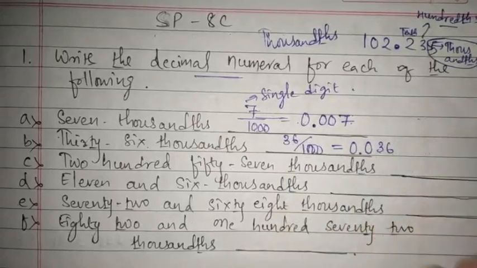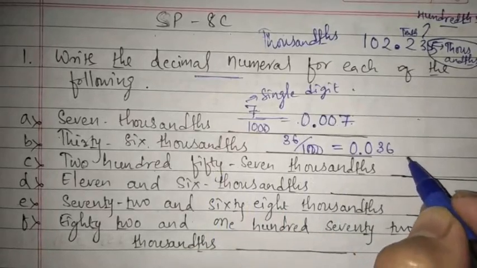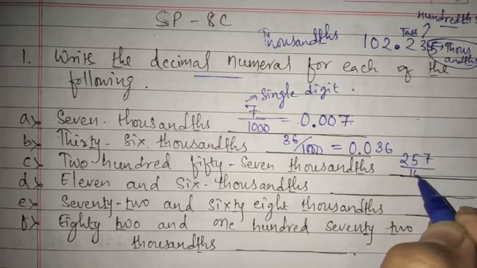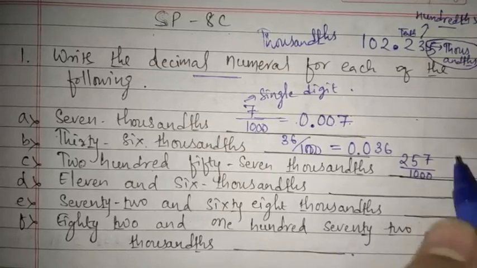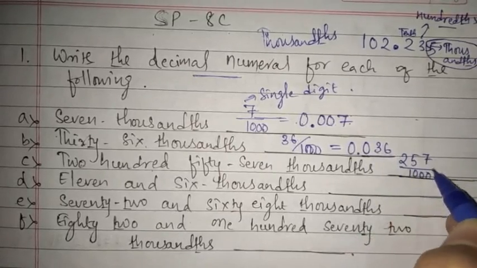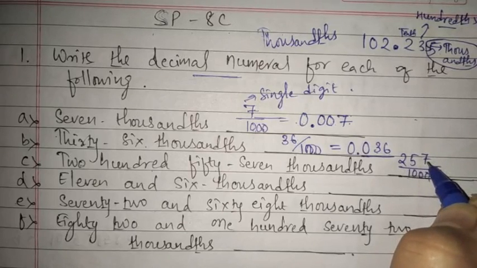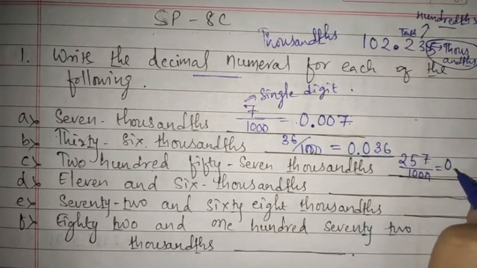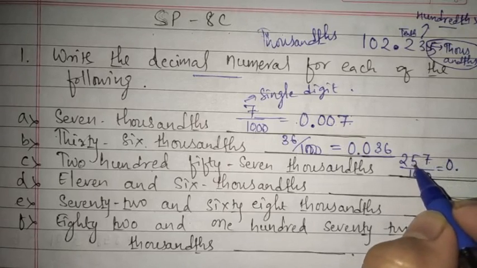Okay. Similarly, 257/1000 means 257 divided by 1000. If you have a three digit number, this is a three digit number. So when you have to write such a number, what are you going to write? First of all 0, after that the decimal point, then the number you have, 257.